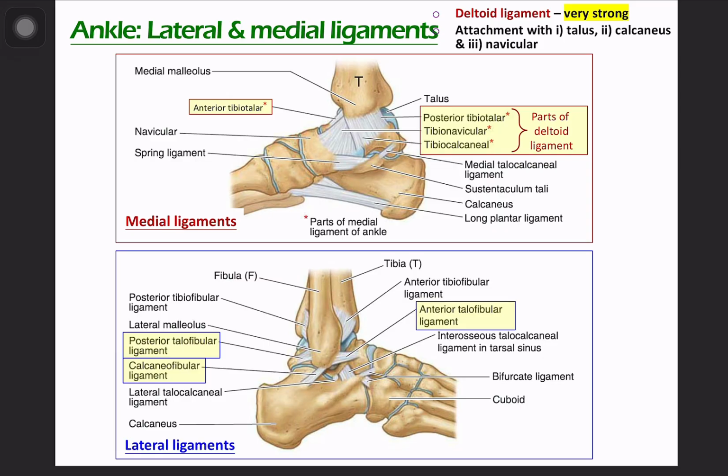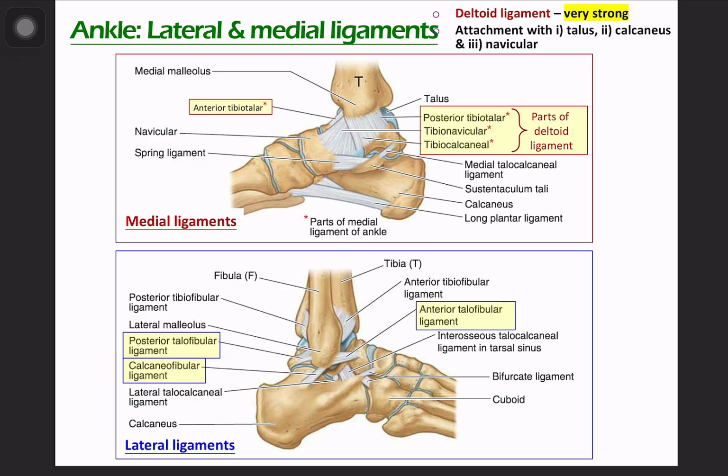So the anterior tibiotalar ligaments, right? Both of these attach the tibia with the talus. We also have the tibionavicular here, as well as the tibiocalcaneal here. So altogether, it provides a very firm attachment on the medial side.